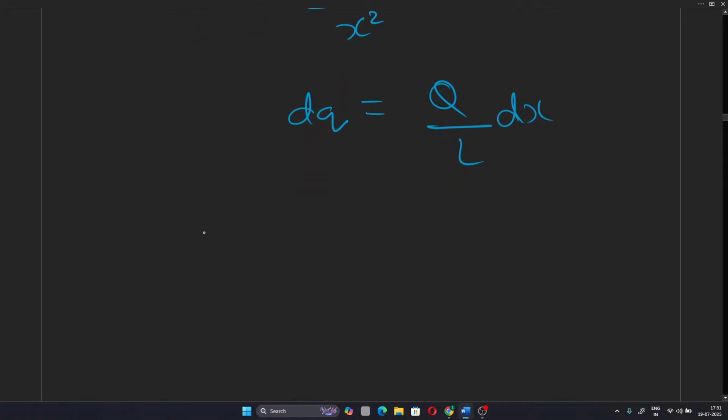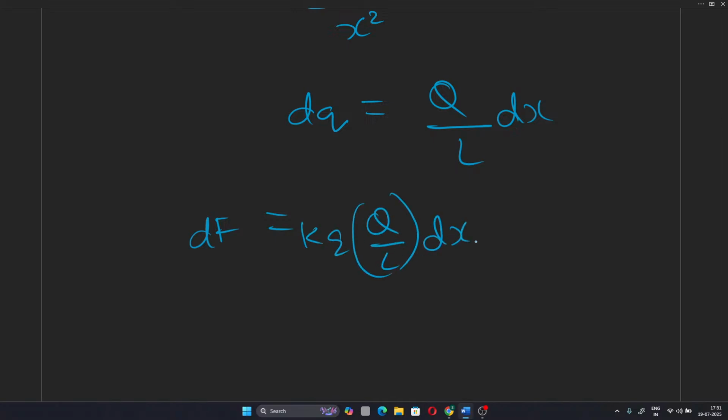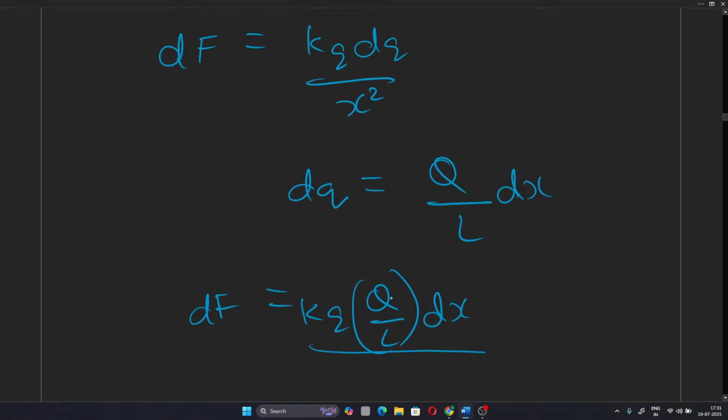So we substitute df equals kq by L times d of x by x square.